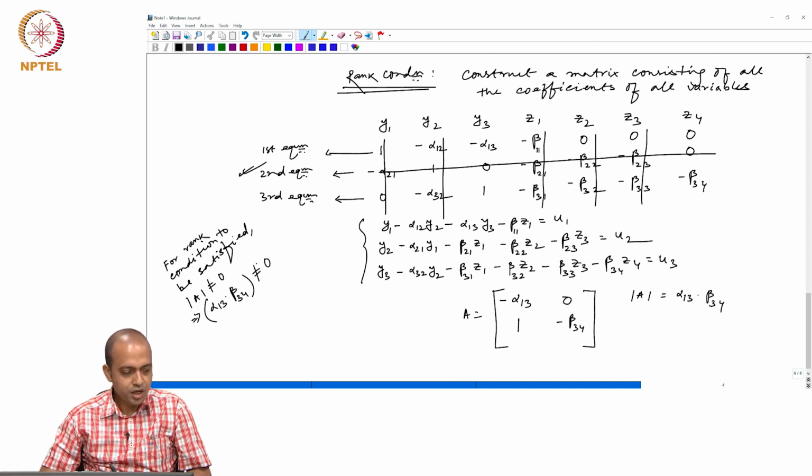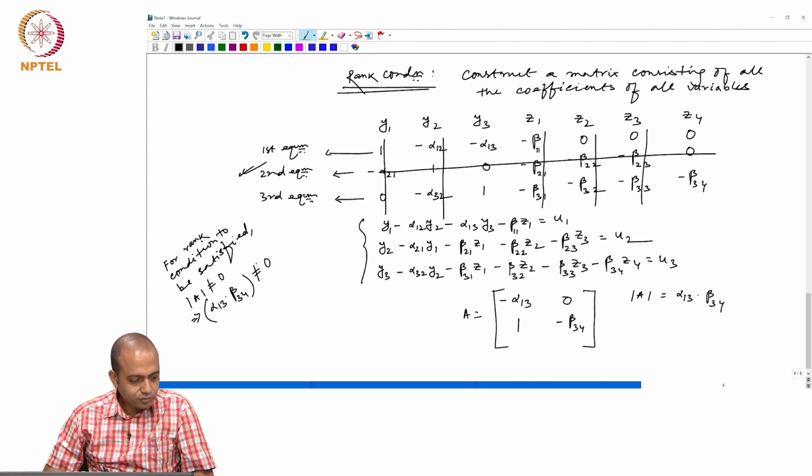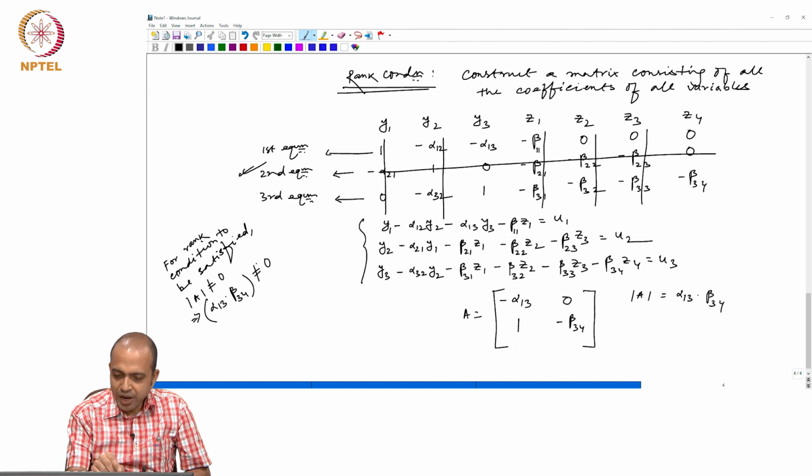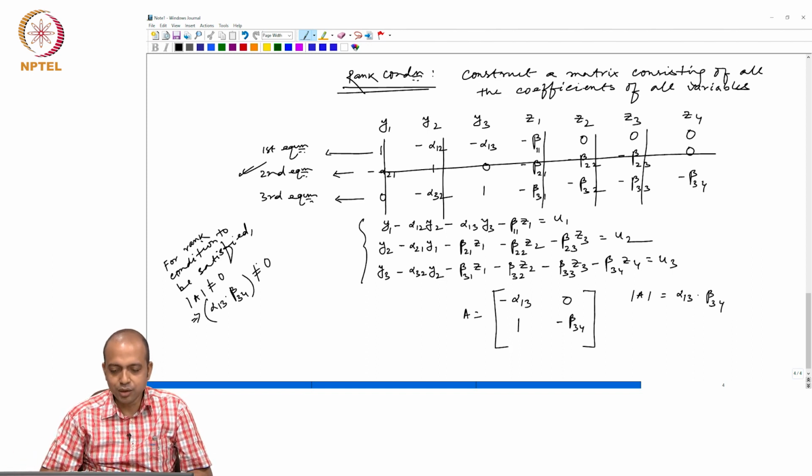Is this clear? So that means by crossing out these rows and columns, essentially what we are trying to get is, what are the variables excluded from the model?